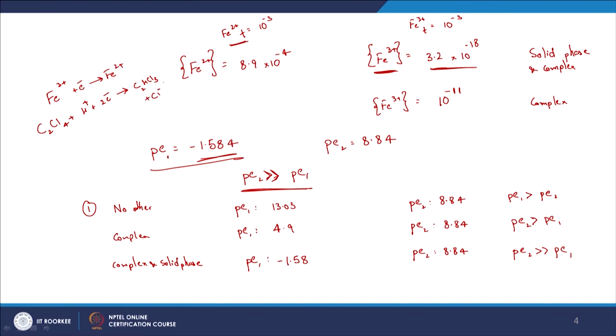Because PE2 is far greater than PE1, what does it mean? Fe2 plus is going to be oxidized to Fe3 plus. So what does that mean again? Fe2 plus is going to reduce C2Cl4. To balance out the electrons, 2 Fe2 plus gives 2 Fe3 plus, and it wants to reductively dechlorinate.